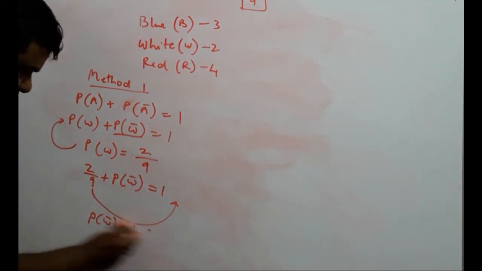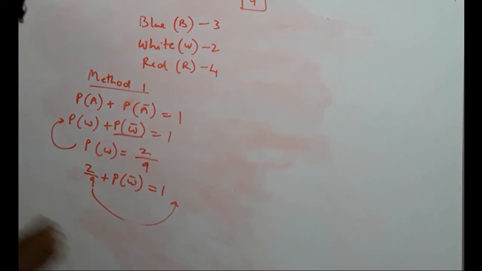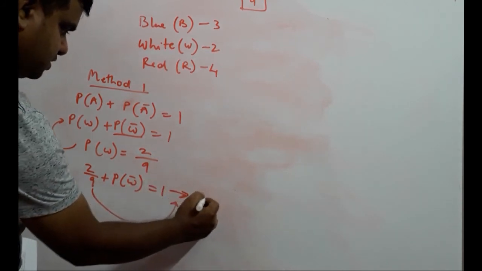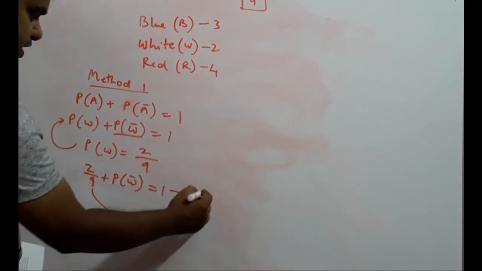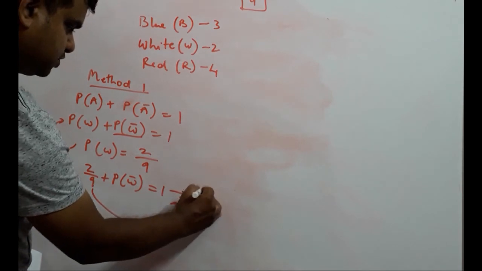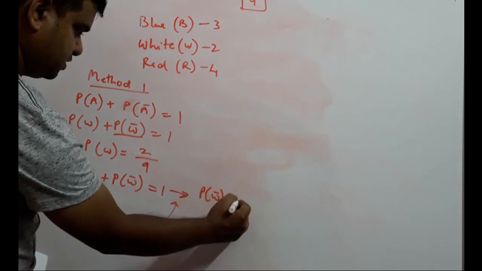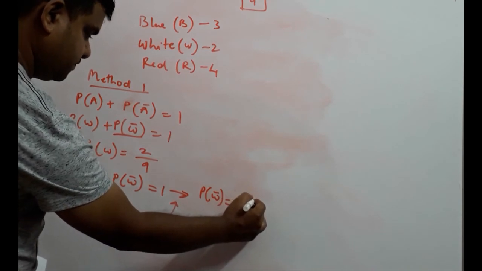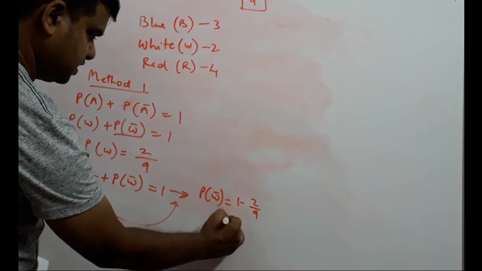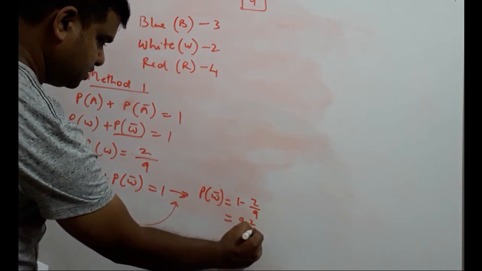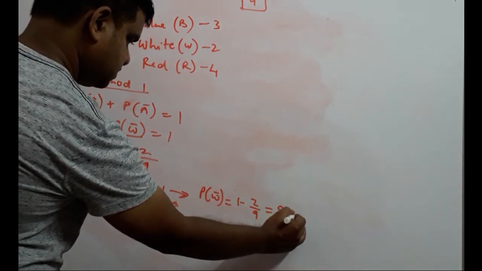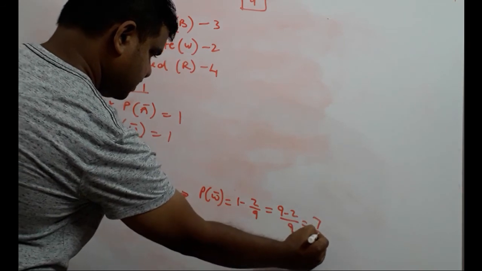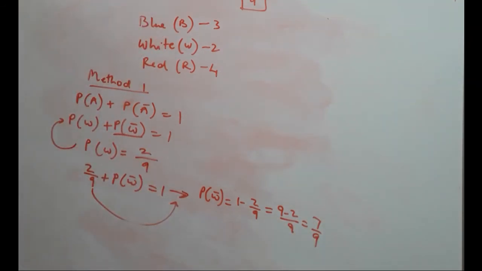I'll just put this up so that you can view it better. So this comes to 2 upon 9 plus probability of not getting white. If you take it on the other side, it comes to probability of not getting white is equal to 1 minus 2 upon 9, and that comes to 9 minus 2 upon 9, which is equal to 7 upon 9.